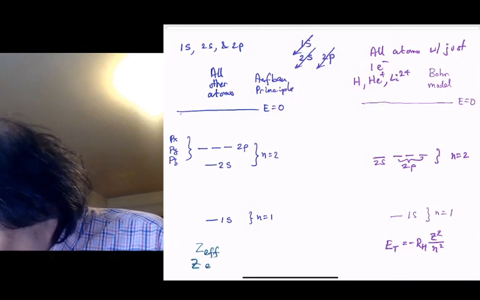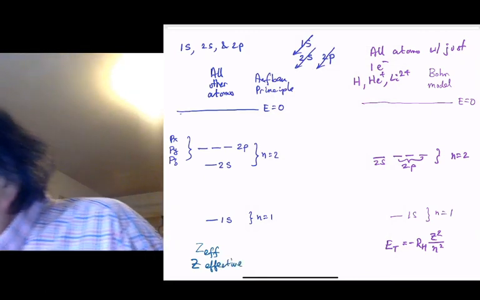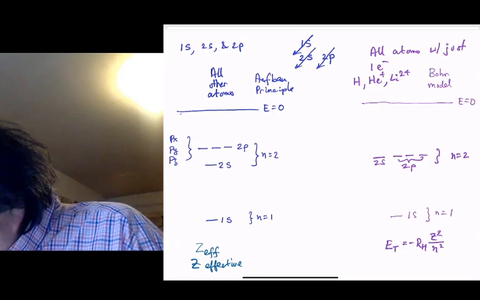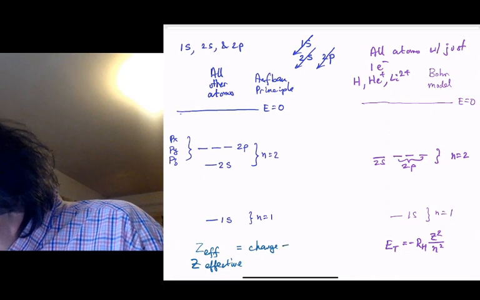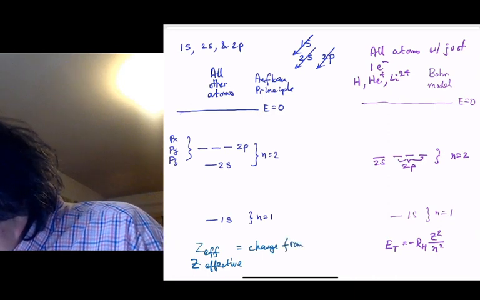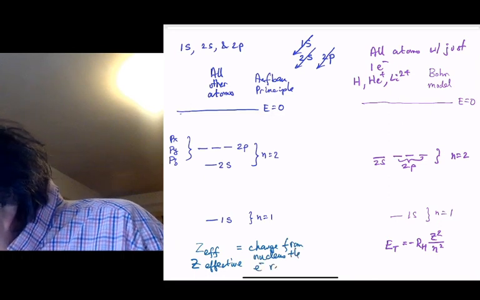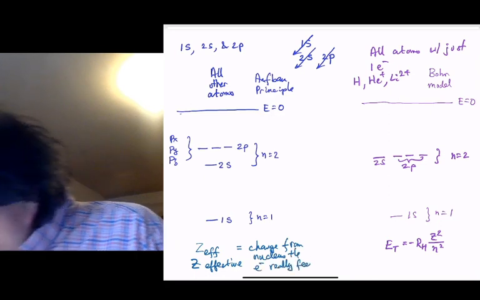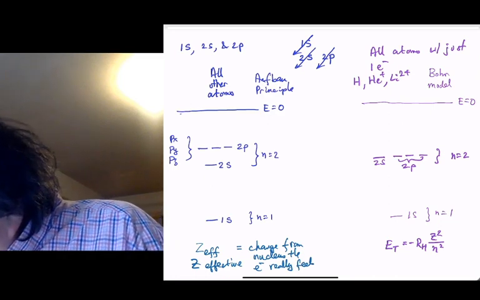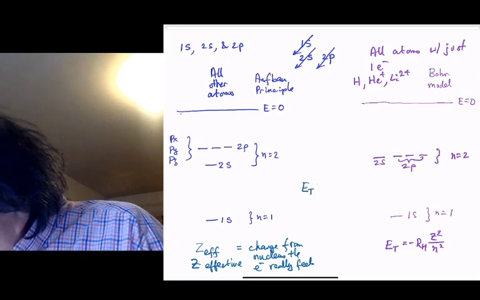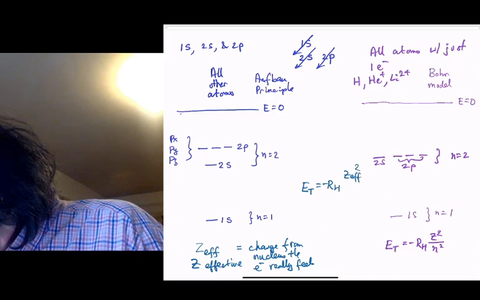Z effective is the charge from the nucleus the electron really feels. And so the formula will no longer be the one I had before. The new formula will be E total equals minus RH Z effective squared over n squared.